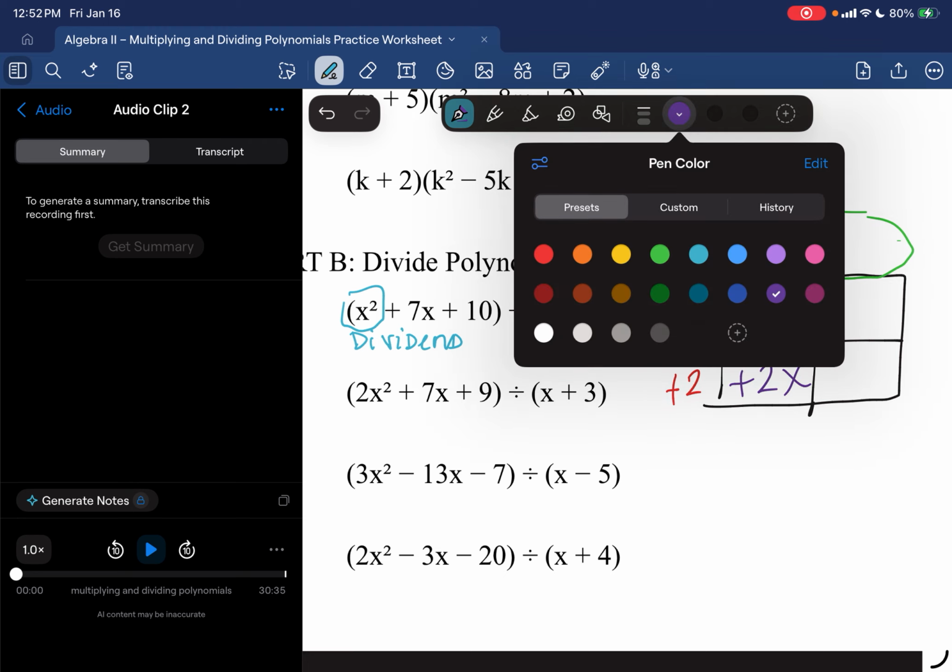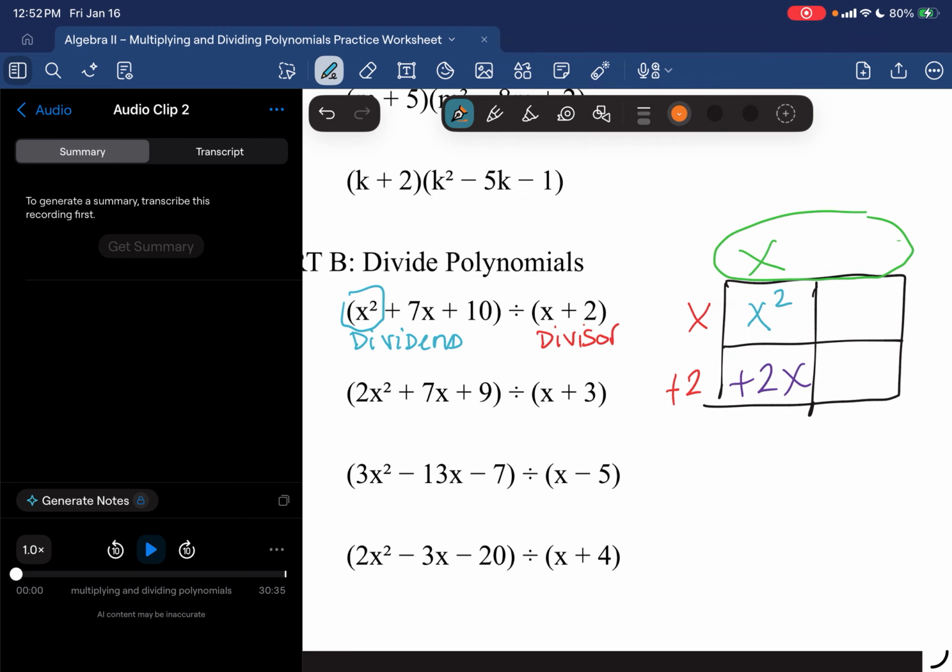Then you draw your peanut. Same thing as the multiplication. And then you circle your peanut in the middle. So 2x plus what gives you 7x? You got it, 5. 2 plus 5 is 7. Working backwards, remember.